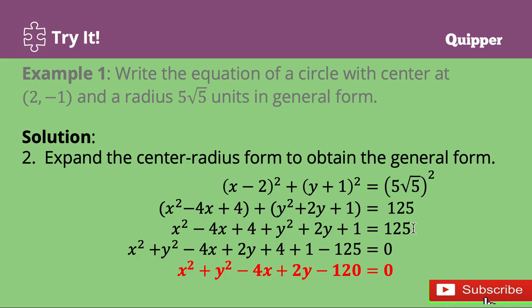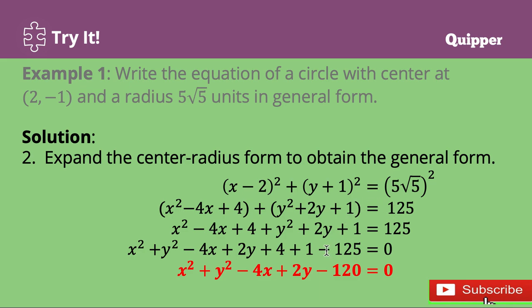Then write it in the form of ax² + by² + cx + dy + e = 0. We have x² + y² - 4x + 2y + 4 + 1 - 125. Just transpose this positive 125 to the left side.